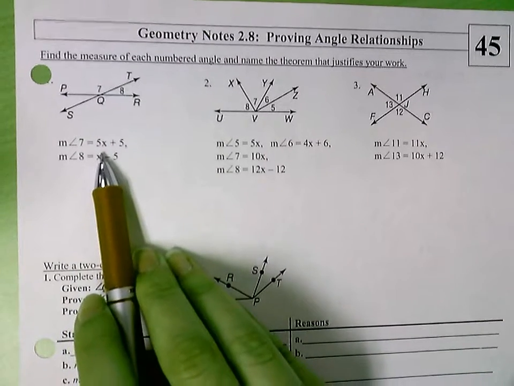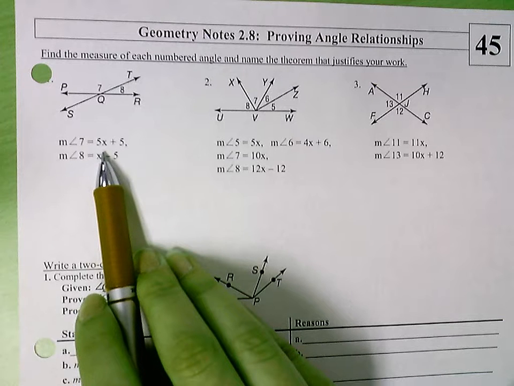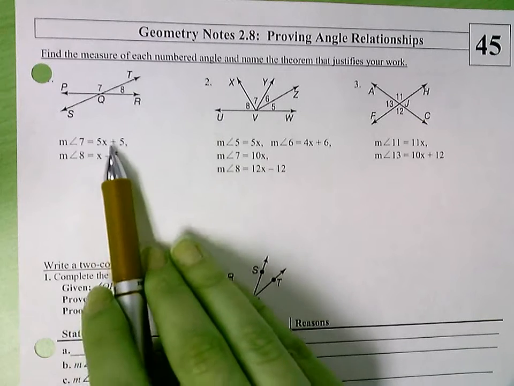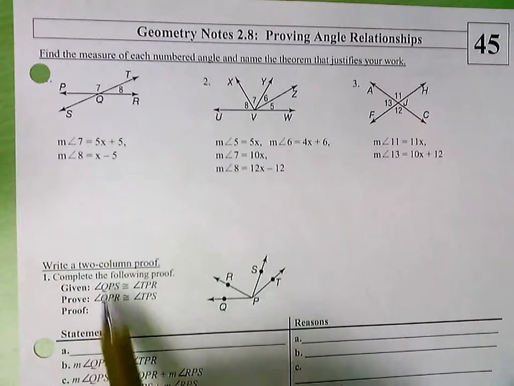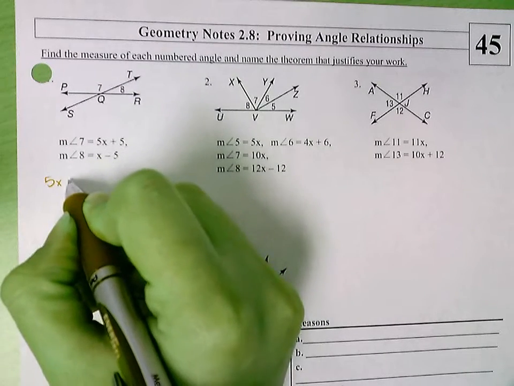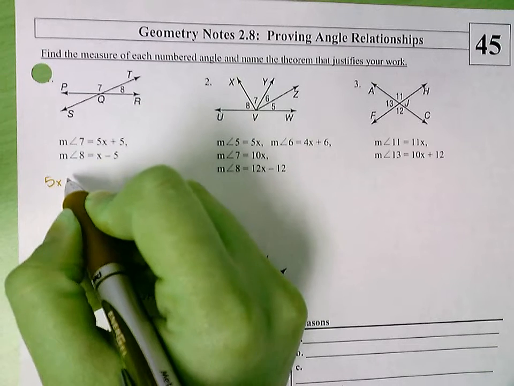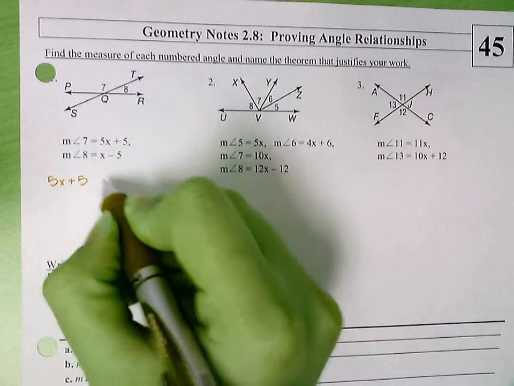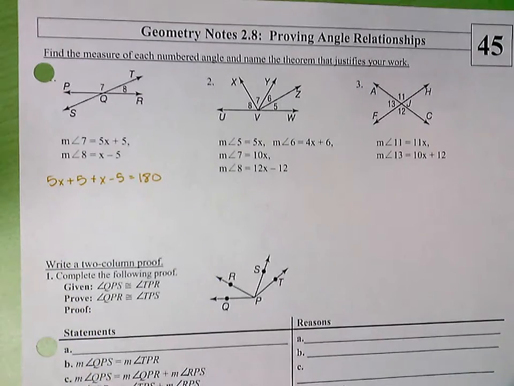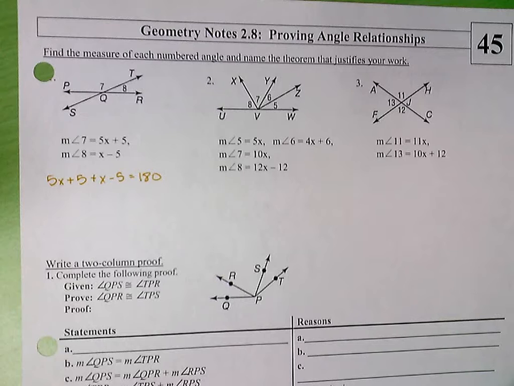So if I have equations for angle 7 and angle 8, I can add those together and set it equal to 180. We can take 5x plus 5 plus x minus 5 and set that equal to 180. Those two angles are considered a linear pair. They are two angles adjacent to each other that form a line.